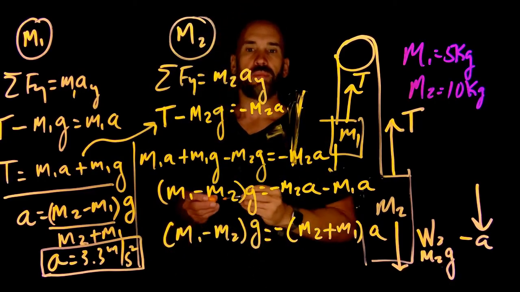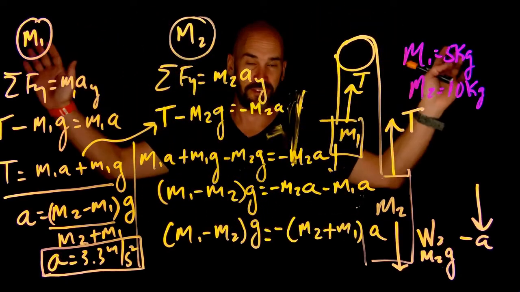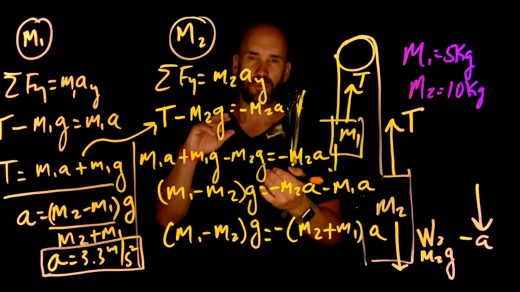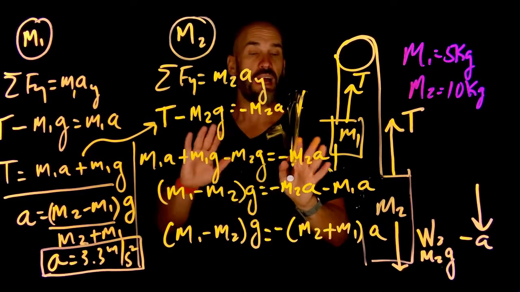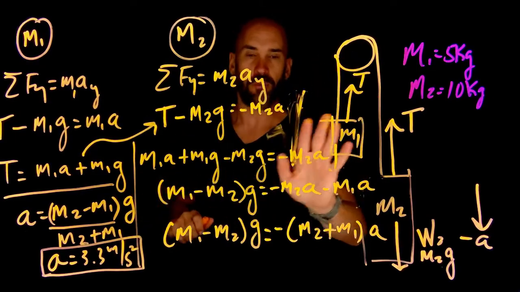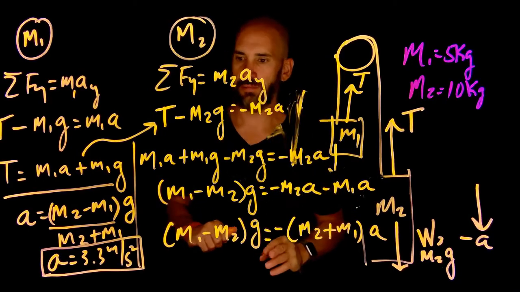There are many, many problems of these in the physics universe. There's more in our textbook, and there's just more out there. If you want to explore how to solve Atwood machines, I recommend it.